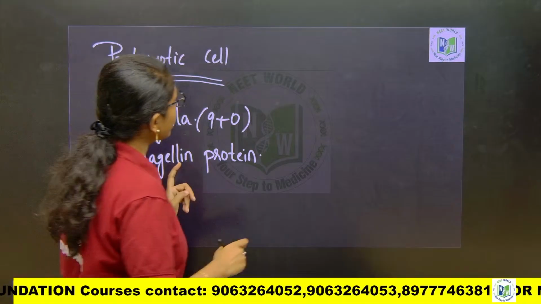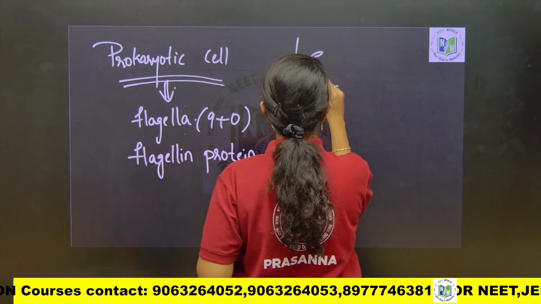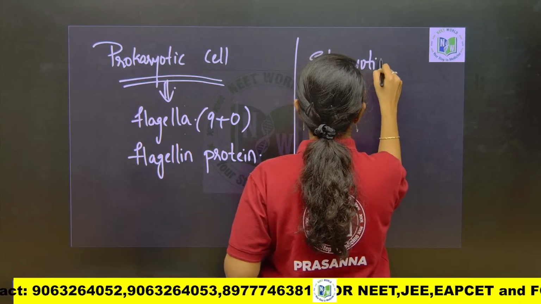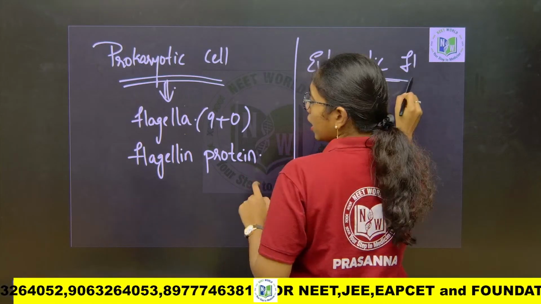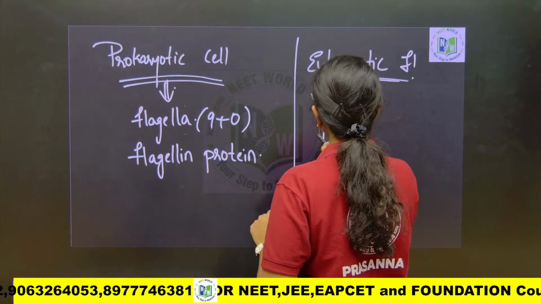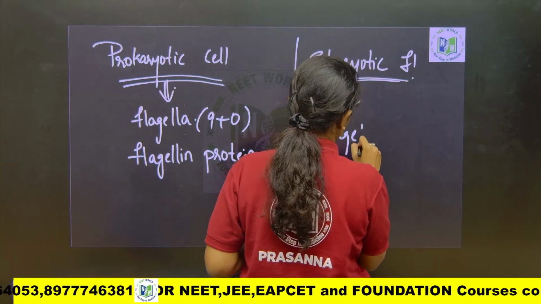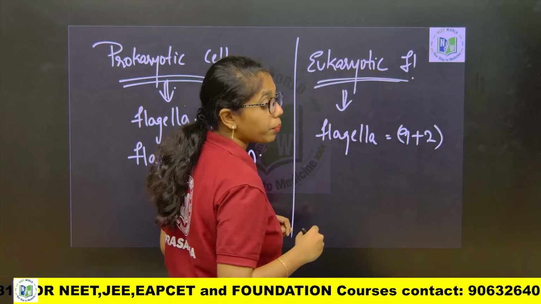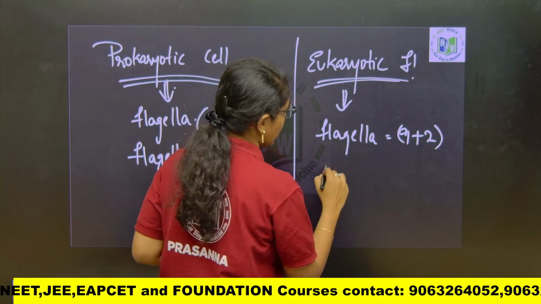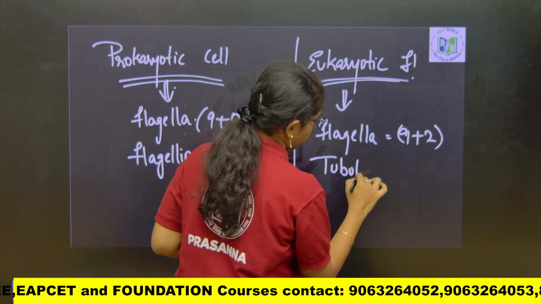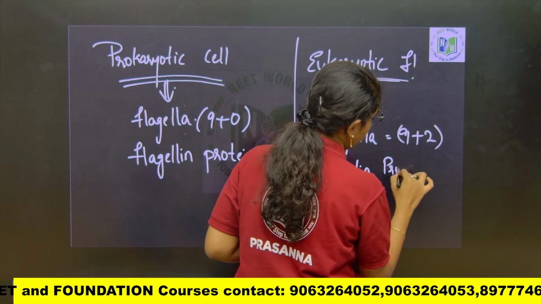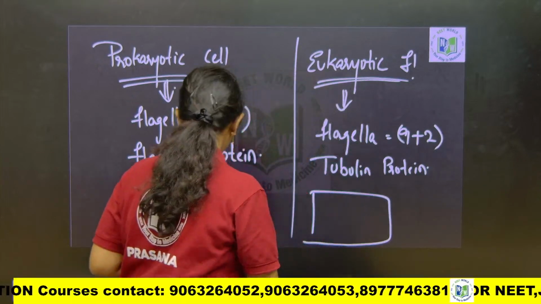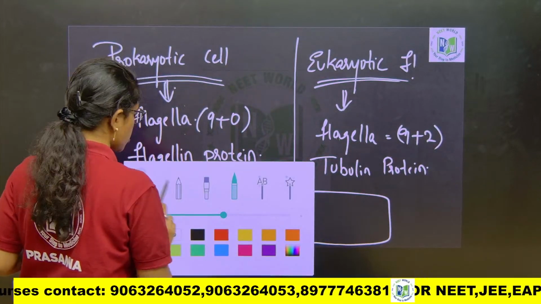When you have to look into the eukaryotic flagella, here you see, the flagella is having 9 plus 2 arrangement, and the protein present inside the flagella is tubulin protein. And here not all the parts of flagella will be having same 9 plus 2 arrangement.